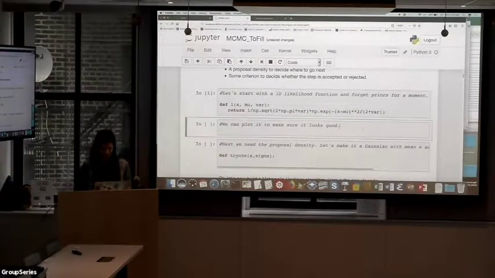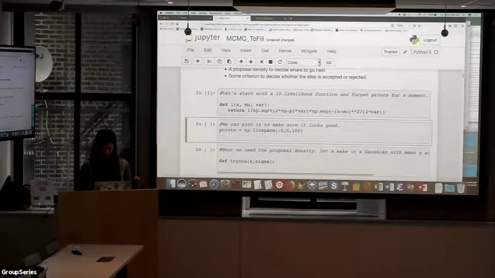Okay, so we can plot it also. So I'm going to do points, let's see, np.linspace, negative 5 to 5, and then 100. Plot, and then let's give it a mean and a variance.